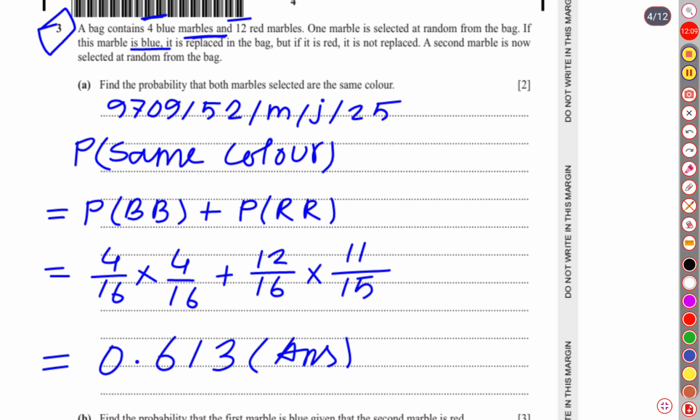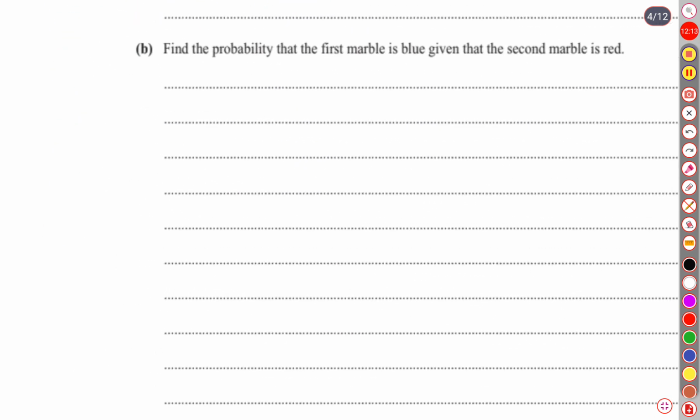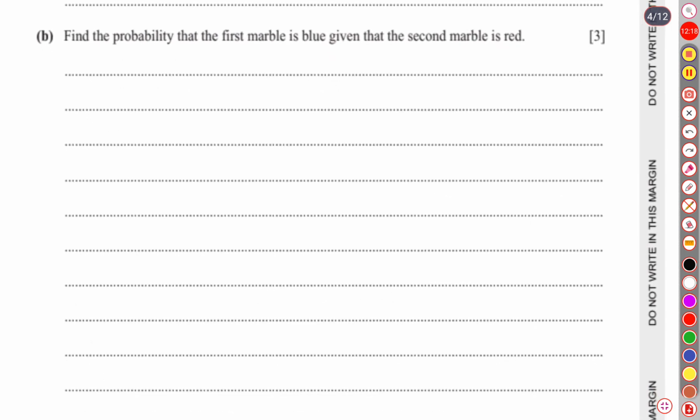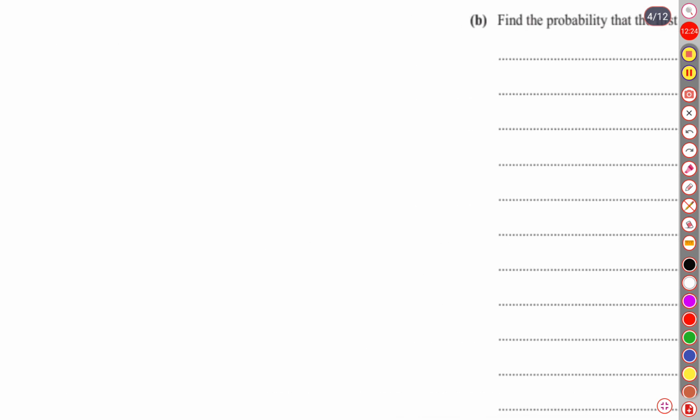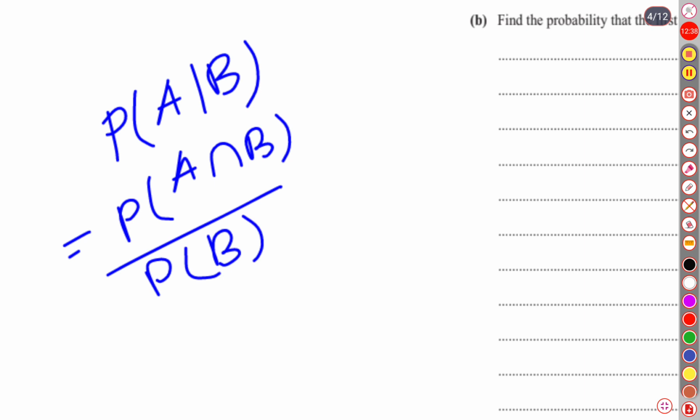Let's see the next one. The next question is actually on conditional probability. It says find the probability that the first marble is blue given that the second marble is red. What is the formula? Probability of A given that B is equal to probability of A intersection B over probability of B individually.